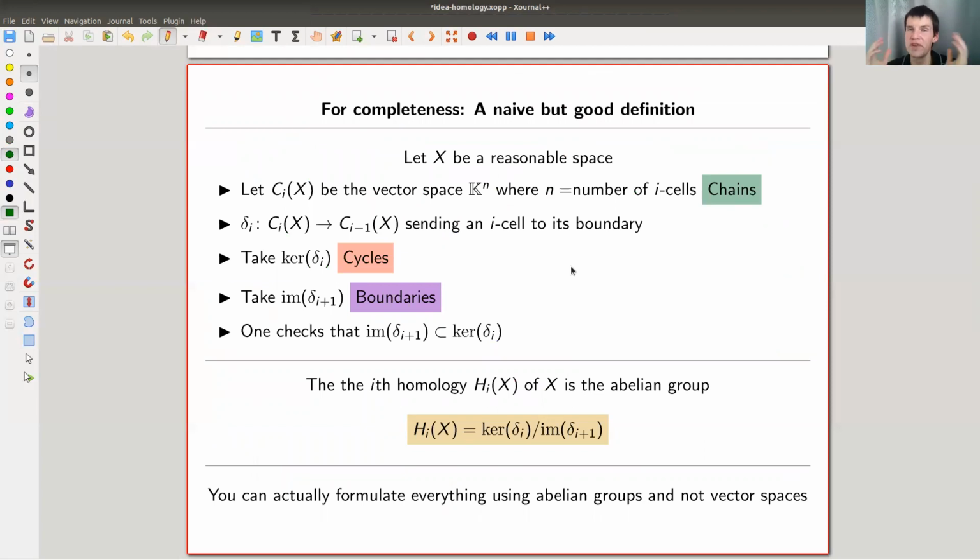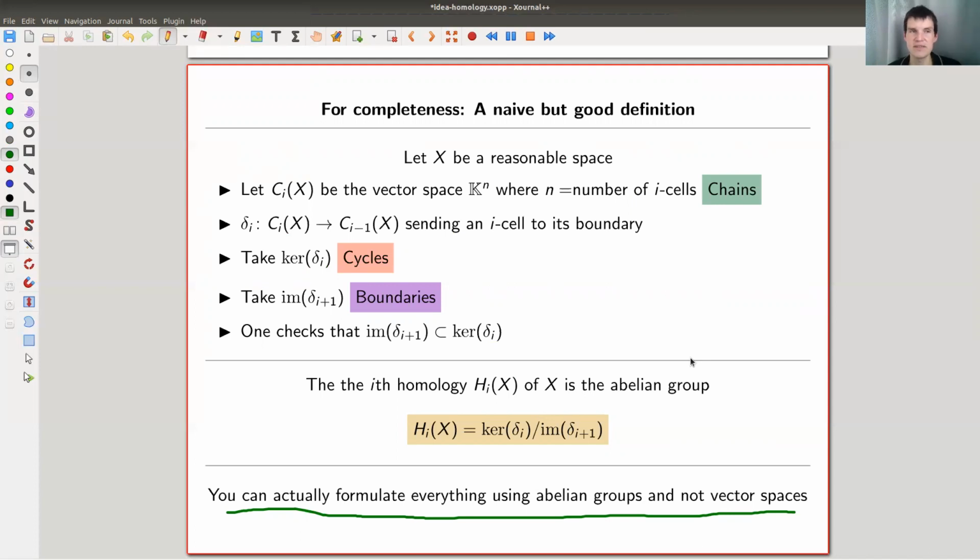So I take some reasonable space, whatever that is, CW complexes, for example, and I take my group of chains, or in this case, I don't even want to go to abelian groups. I just want to go to vector spaces. So I take a vector space of chains, and it has the same dimension as the number of chains. If everything is finite, let's say everything is finite, I have a reasonable space after all, right?